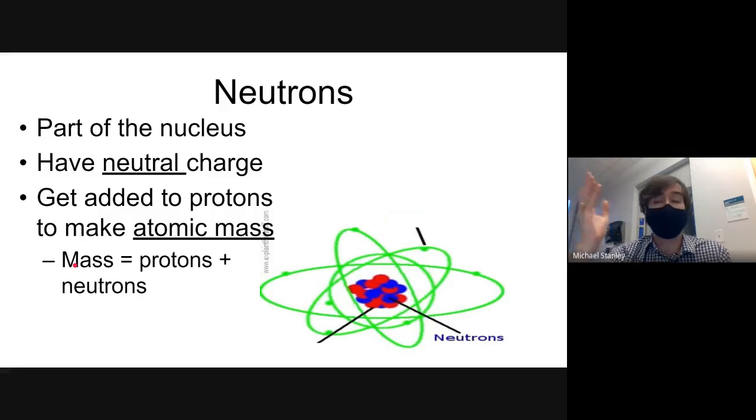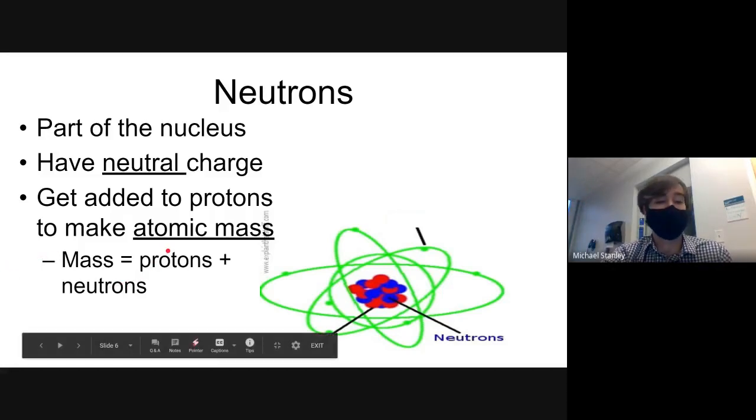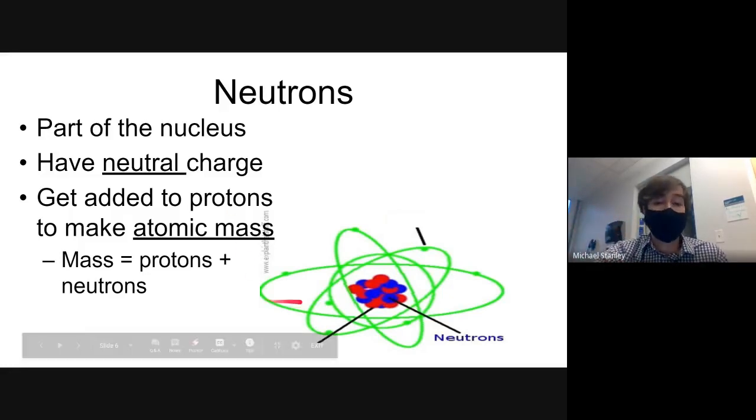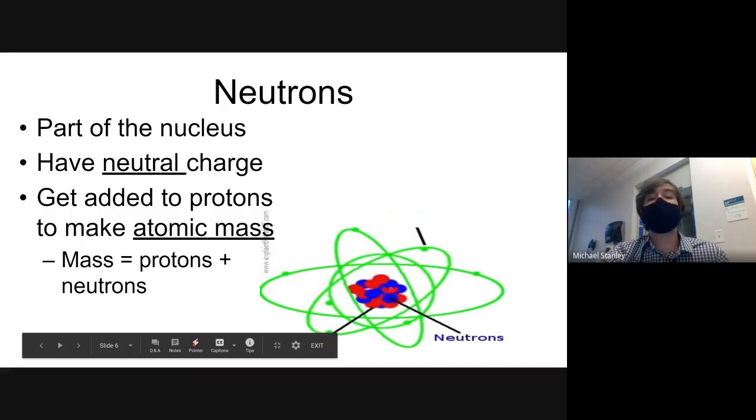So even though atoms are incredibly super duper small and light, they still have a weight to them. And the more protons and neutrons that you have, the heavier your atom is going to be. So there are some atoms that are relatively light. They only have a couple protons and neutrons in the middle. And there are some atoms that are relatively heavy.